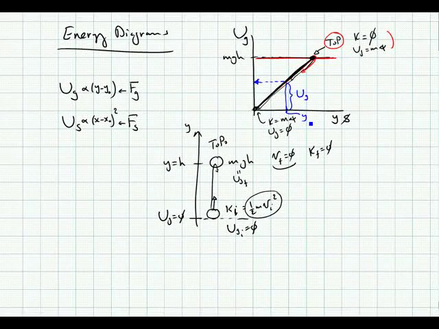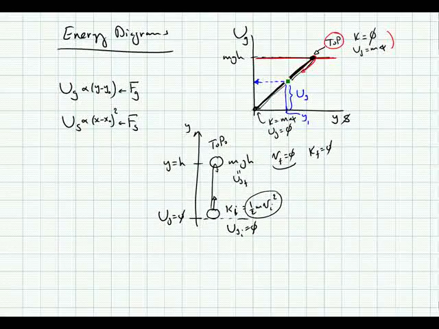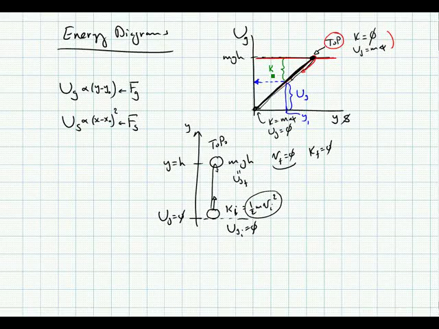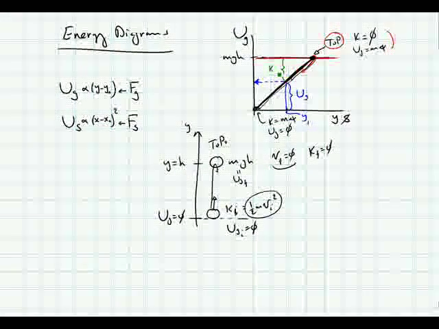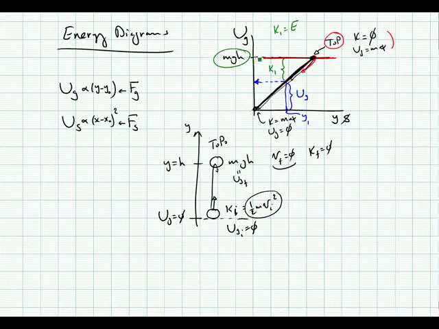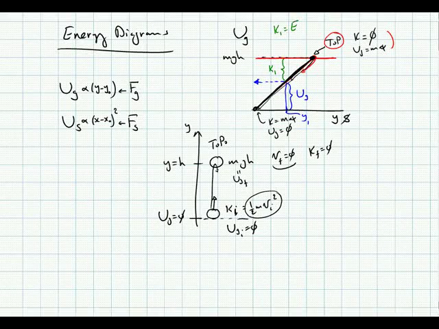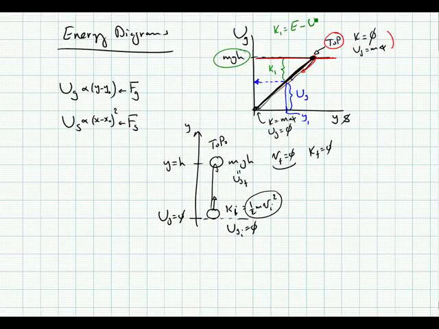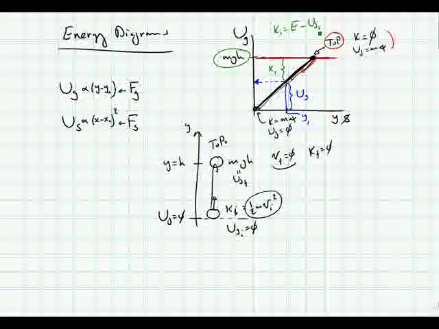So let's call this y1, and its kinetic energy is given by the remainder, so that's kinetic energy 1. So kinetic energy 1 is equal to the total energy that the object has, which is this level right there, minus potential energy 1.